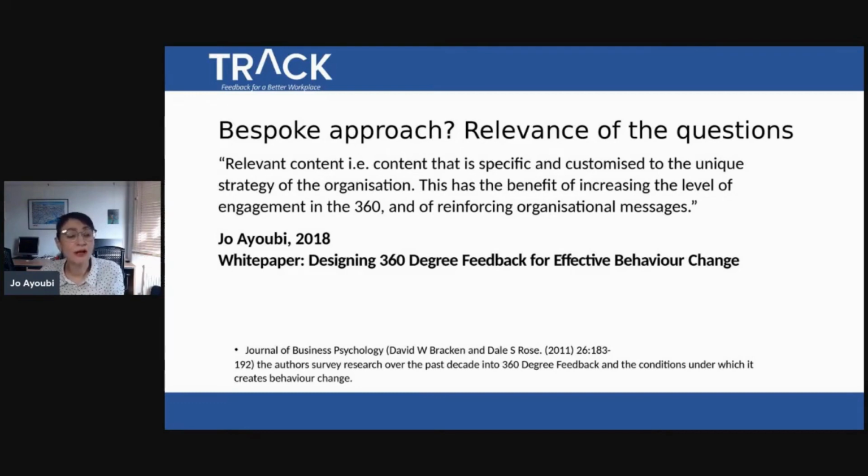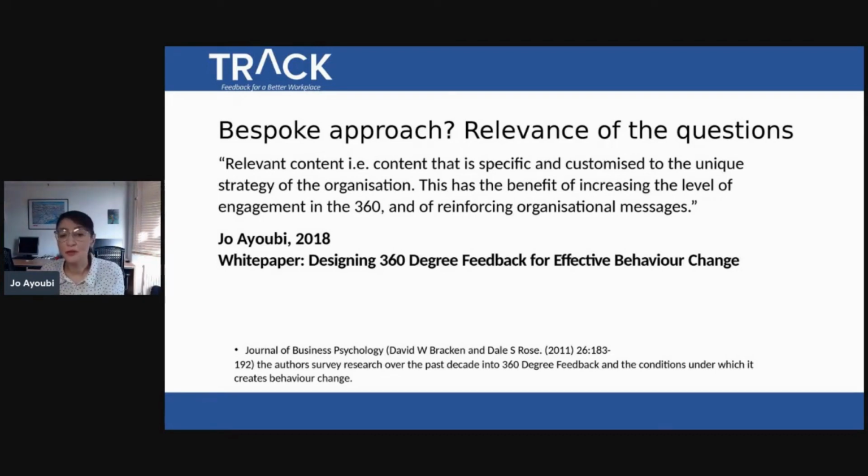Now, we work a lot with bespoke approaches to 360 feedback, and there was some research done and published by Bracken and Rose, who are experts in this area, who talked about a bespoke approach to feedback and the relevant content. So content that's specific and customized to the unique strategy of the organization helps to engage people with that 360 and reinforces organizational messages. And that works the same way for teams.